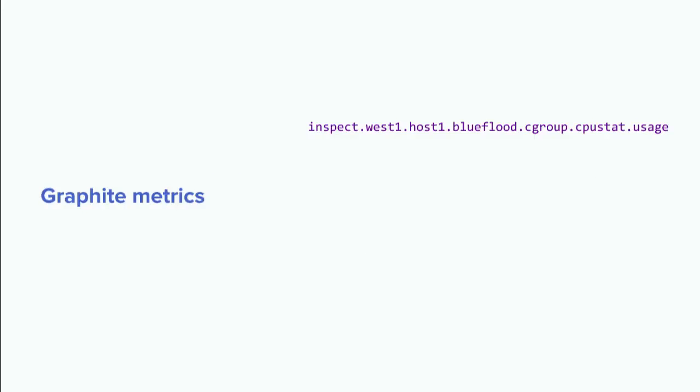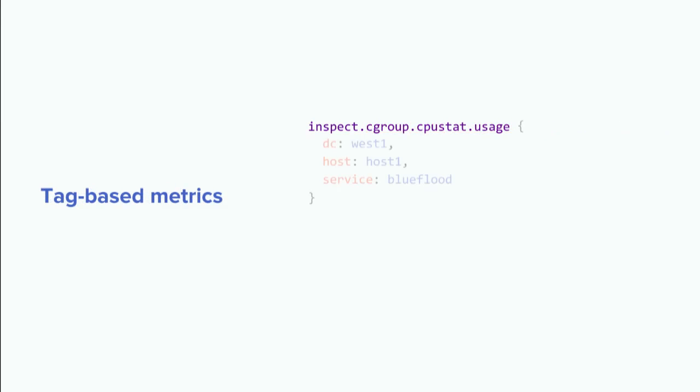So if you're not familiar with them, what are tag-based metrics? Well, in the traditional Graphite representation of a metric, all information is encoded in a single string delimited by periods. So here we have a metric that is collected by Inspect, and it measures the CPU usage of Blueflood within its C group. Tag-based metrics, on the other hand, represent a time series using an immutable string name and a set of key value pairs as metadata.